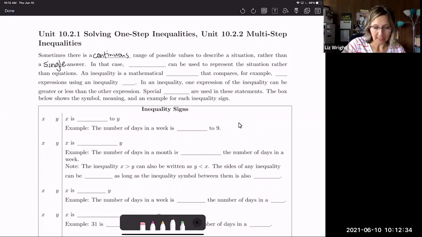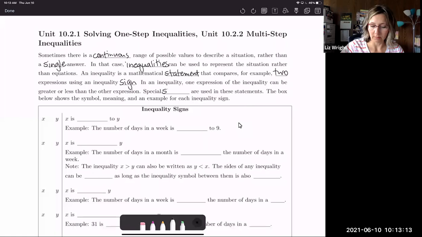In that case, inequalities can be used to represent the situation rather than equations. An inequality is a mathematical statement that compares, for example, two expressions using an inequality sign. In an inequality, one expression can be greater or less than the other expression.